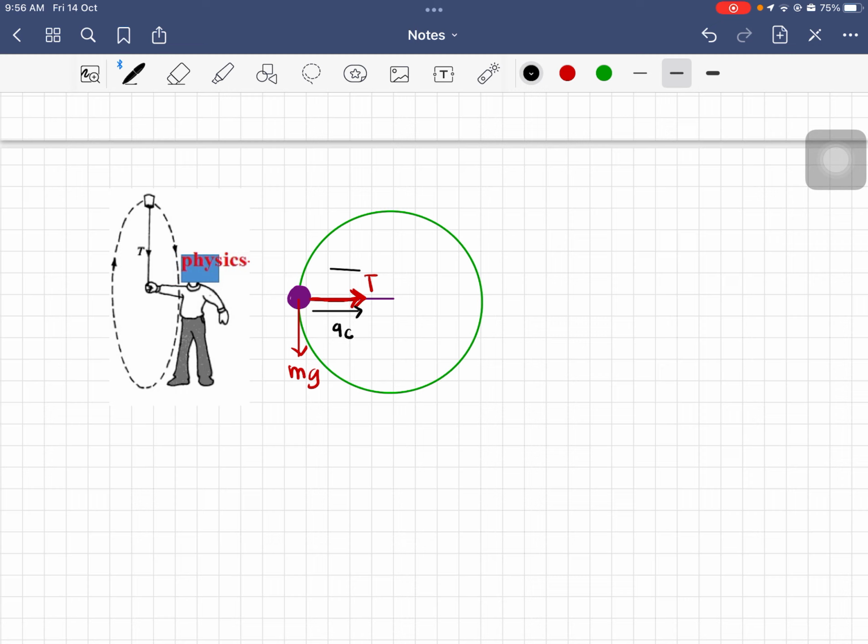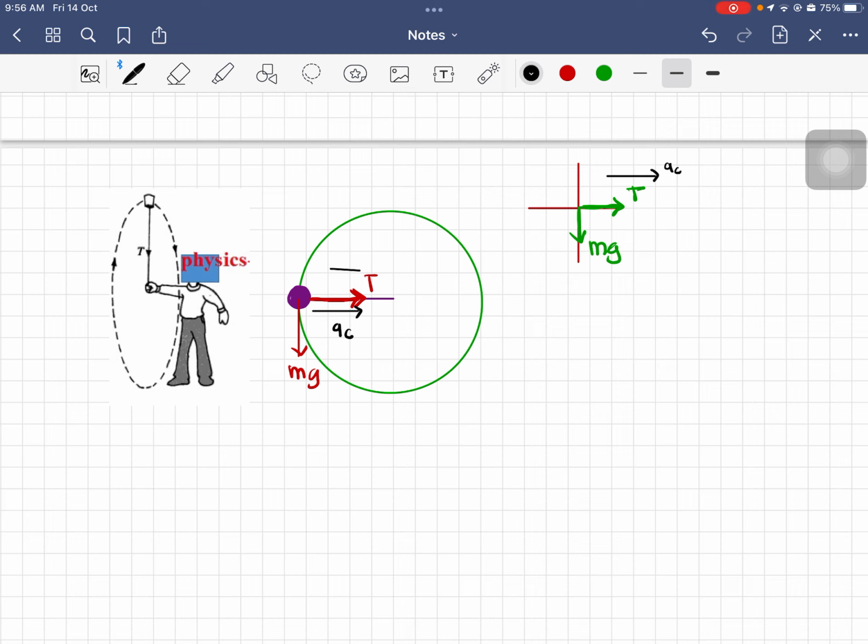So now, putting it back in our X and Y axis, this is your tension and this is your weight. Make sure when you draw AC, you draw it outside of the axis. Don't combine it with the forces, because it is not a force, it is an acceleration.